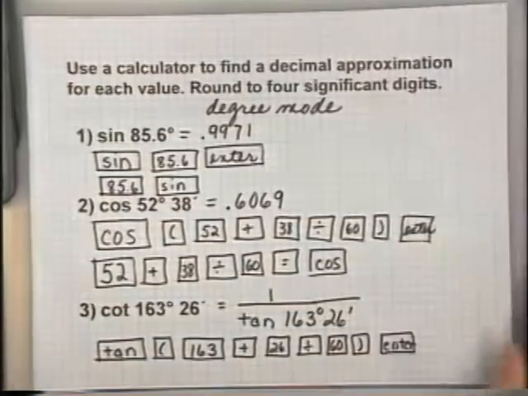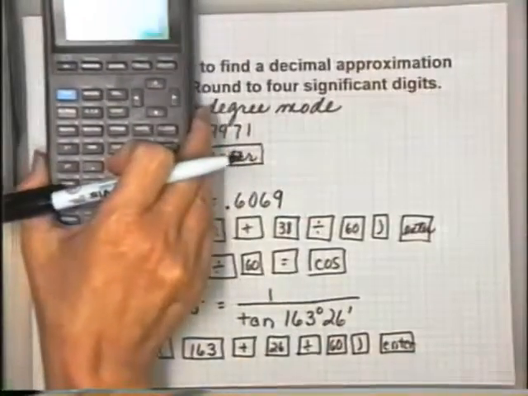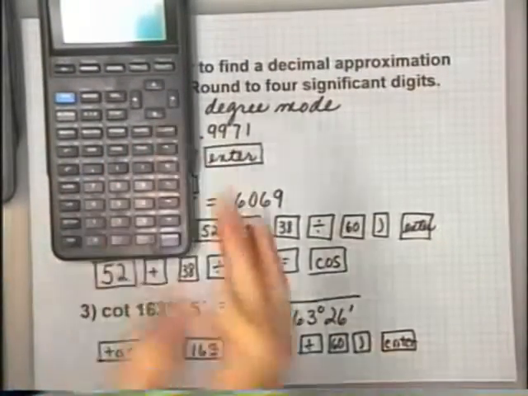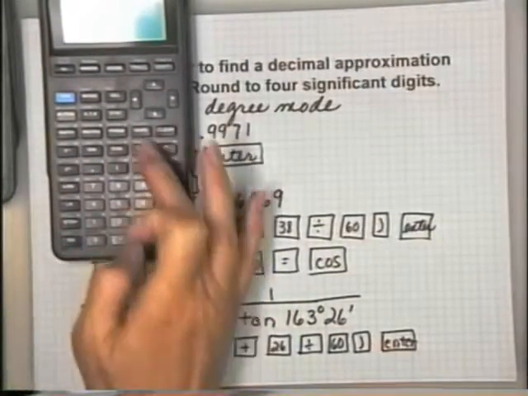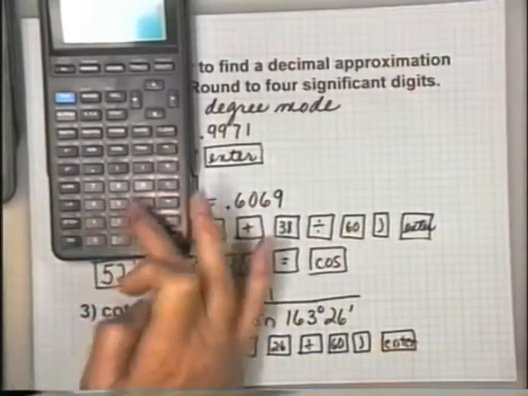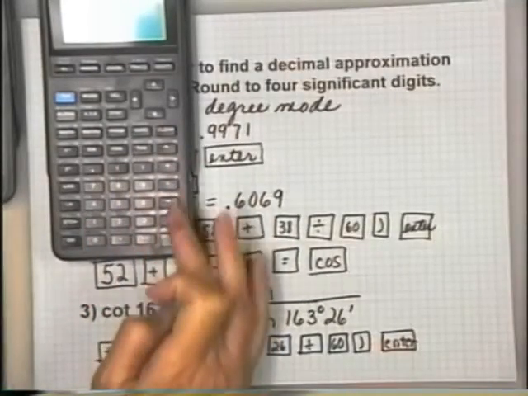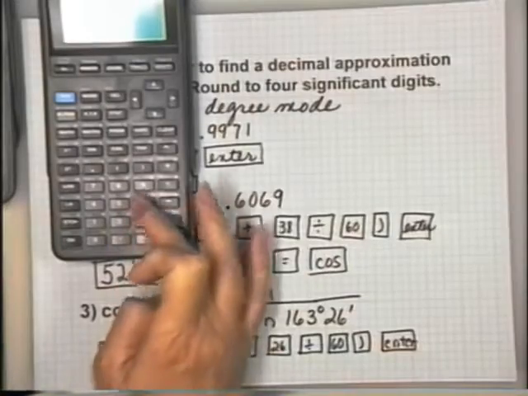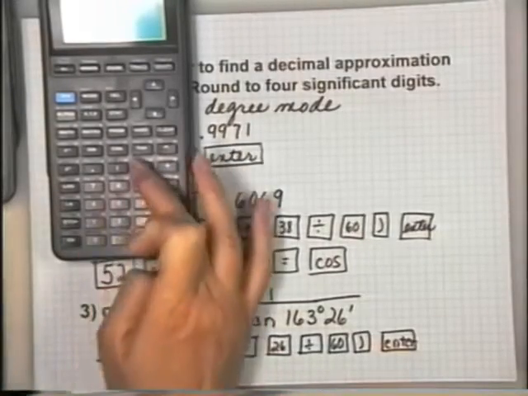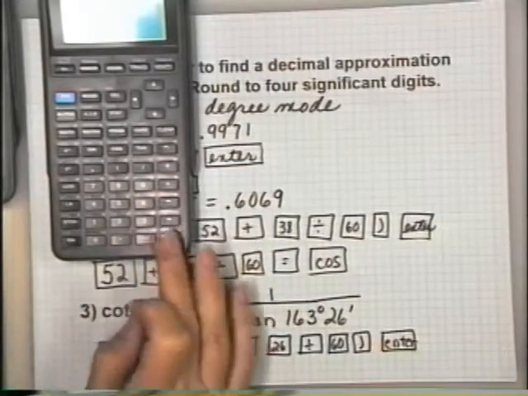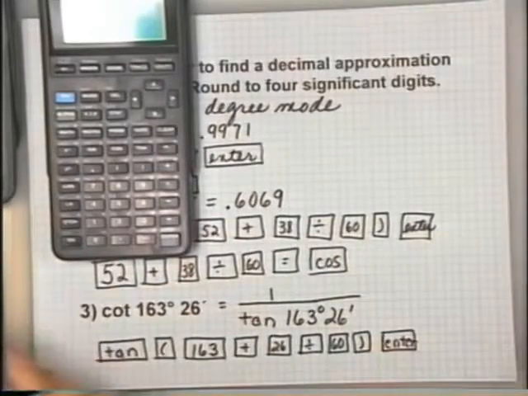You don't really need to write this down, but let's be sure that we can do that. Tangent, parentheses, 163 plus 26 divided by 60, close parentheses, and push enter.